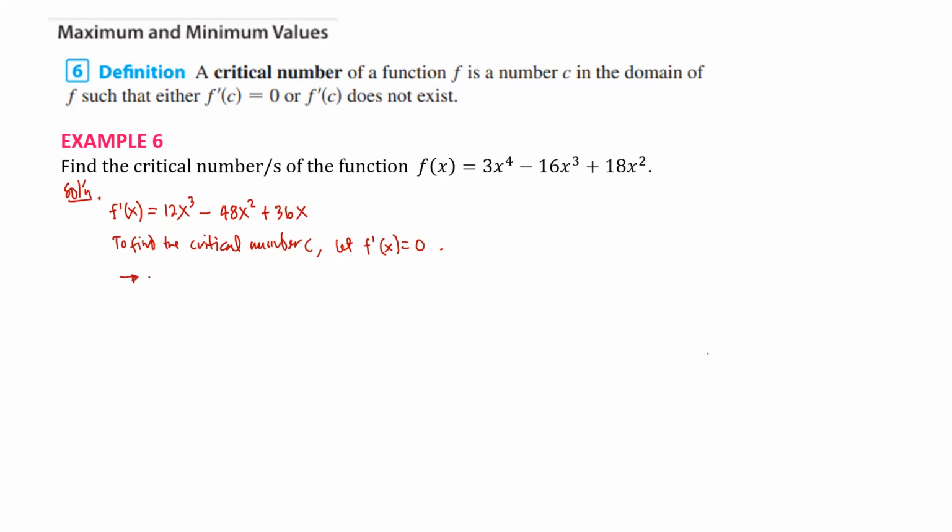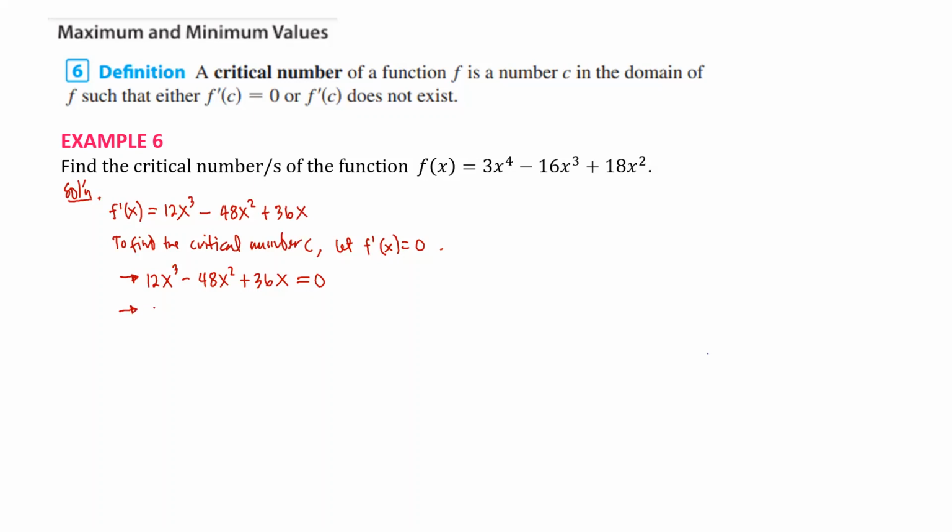That means you will have 12x cubed minus 48x squared plus 36x is equal to 0. So the objective here is to find those values of x that make the derivative equal to 0, or to find x that satisfies this equation.